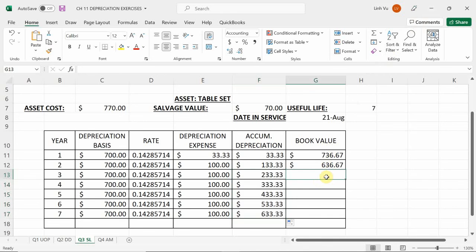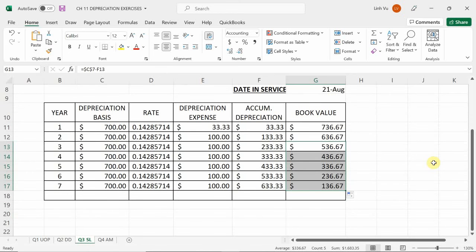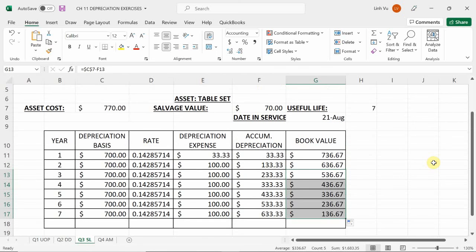It's going to decline $100 every single year, so it's going to be down to 436, 336, and then 236, and then now 136. So in this case, I reached my 7th year. Can I keep going, or do I need to stop?